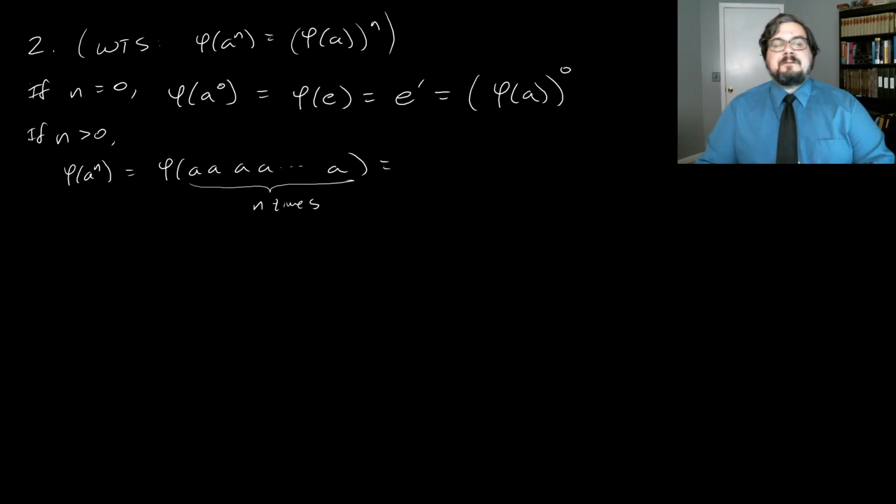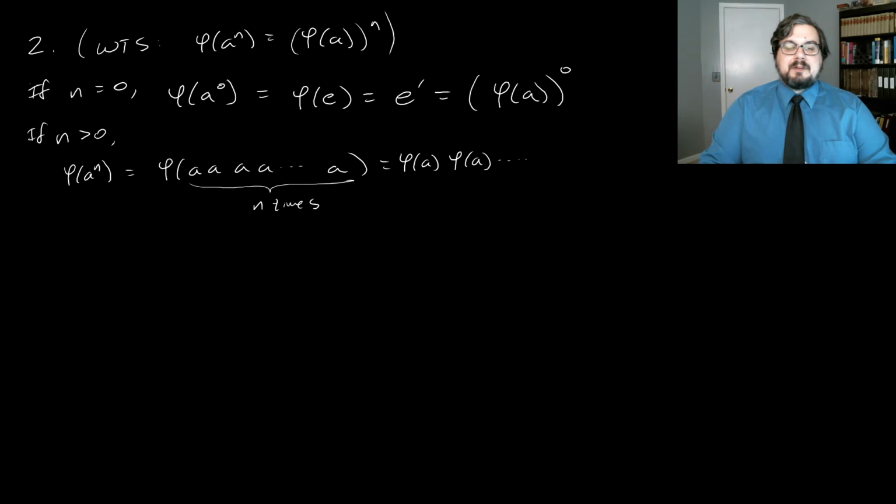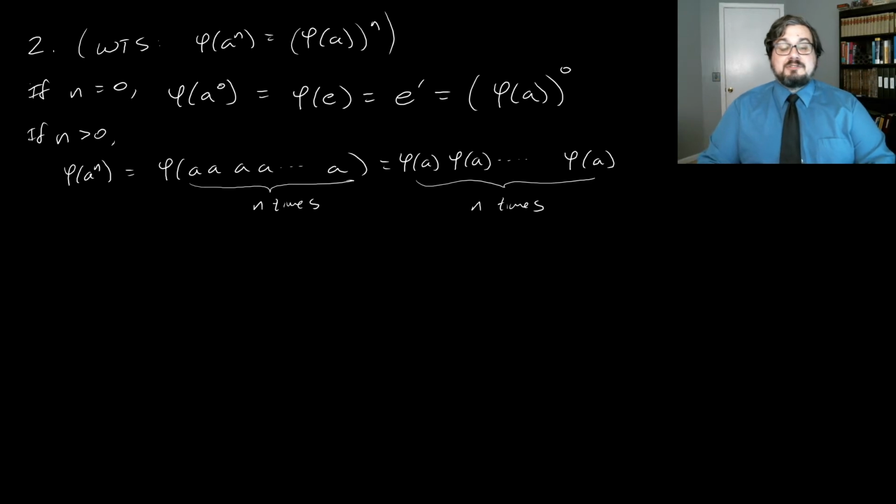Now, because phi is a homomorphism, we can take all of these multiplications and split them up, right? This is phi of A times phi of A all the way out to phi of A, again, n times. And that equation is because phi is a homomorphism. And that, by definition, is phi of A to the nth power. So that's if n is greater than 0.